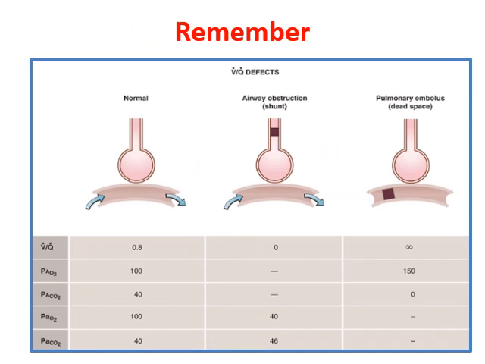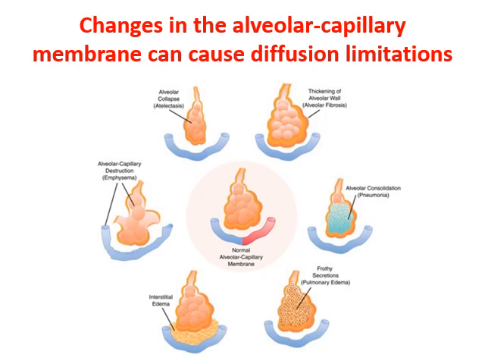So always remember that the cases of airway obstruction are examples of the shunt, while the cases of pulmonary emboli are examples of the dead space. Also remember that changes in the alveolar capillary membrane can cause diffusion limitation, such as cases of emphysema, fibrosis, pneumonia, and pulmonary edema.